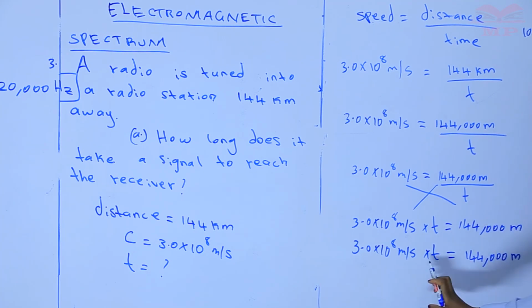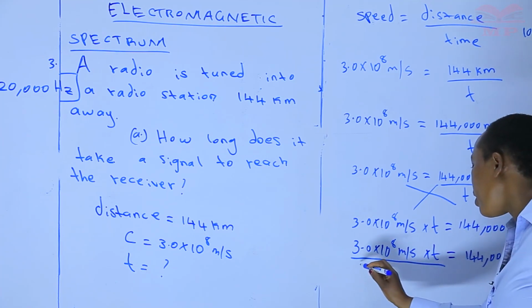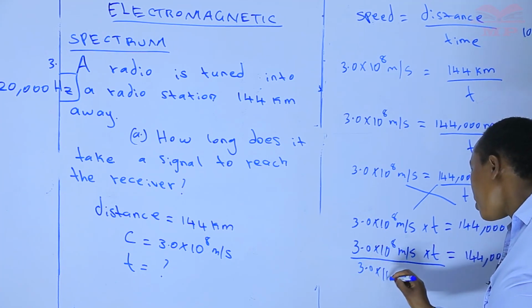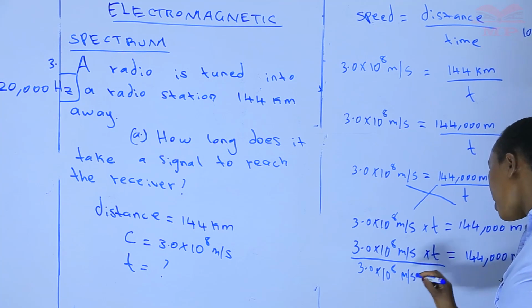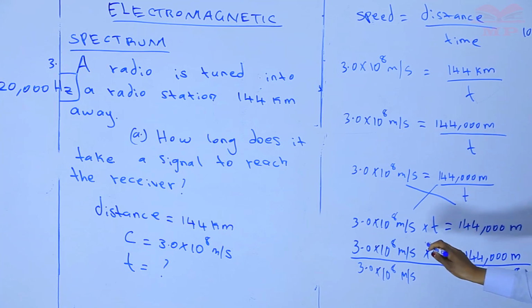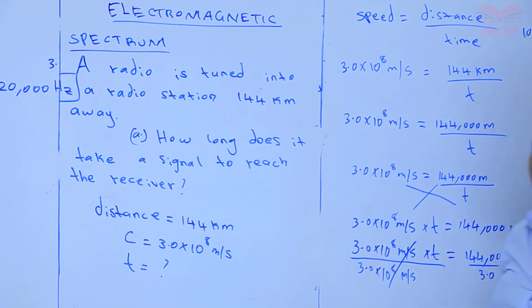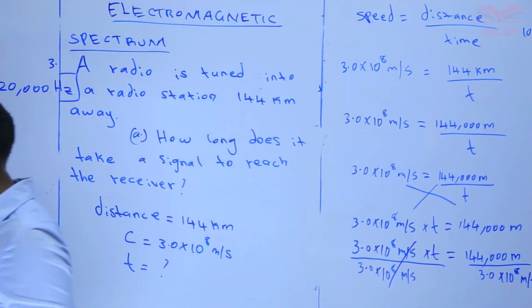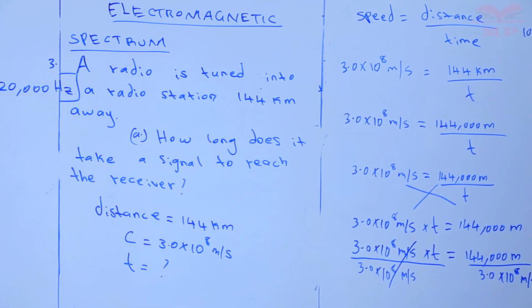To make t the subject, we divide both sides by 3.0 times 10 power 8 meters per second. Of course this is going to cancel. Then now we can divide this using our calculators.